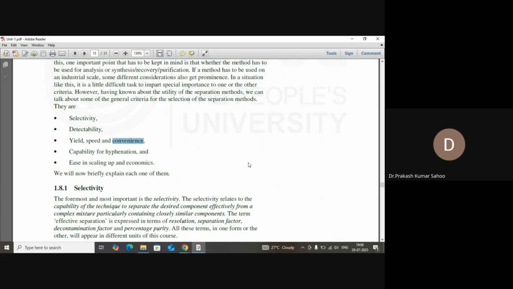And capability of hyphenation, scaling up, or economics. So all these are some points of view, or criteria, we may keep in mind before selecting a separation method for a particular mixture to obtain different components from it.